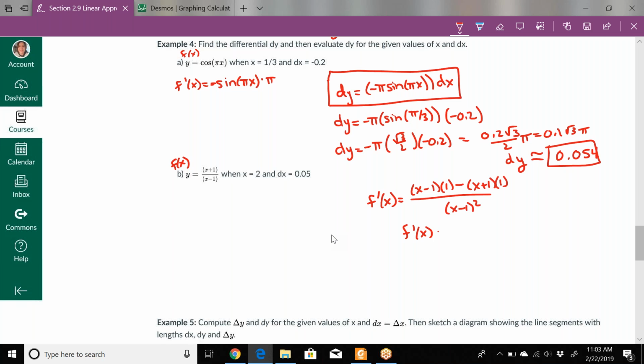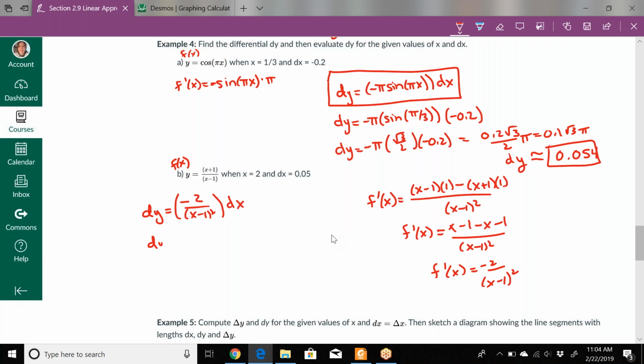So f prime of x is x minus 1 minus x minus 1 over x minus 1 squared, or the x's on top cancel, so it's negative 2 over x minus 1 squared. So that means my differential dy is negative 2 over x minus 1 squared dx.